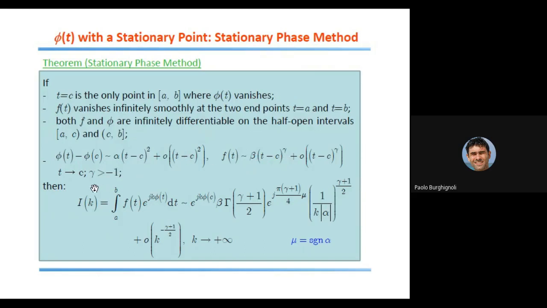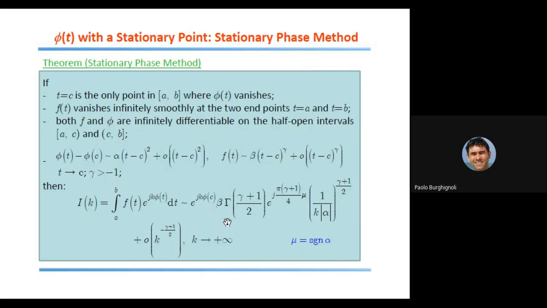Then, if the exponent is larger than -1, so that the integral is well defined, the following formula holds for the asymptotics of our generalized Fourier integral, which looks a bit complicated, but it's not so complicated after all. The important parts are the exponential here, which is a phase, the Fourier exponential evaluated at c.